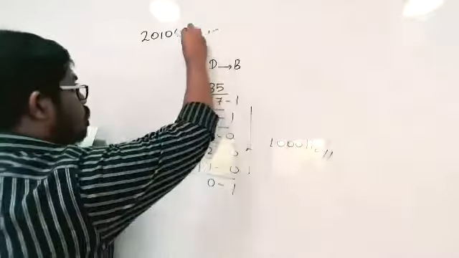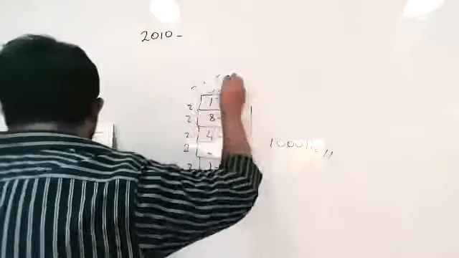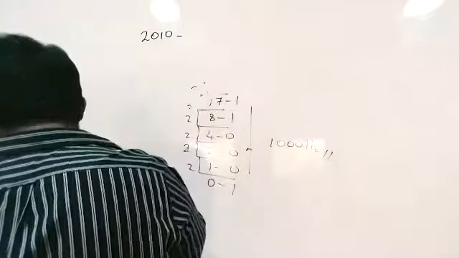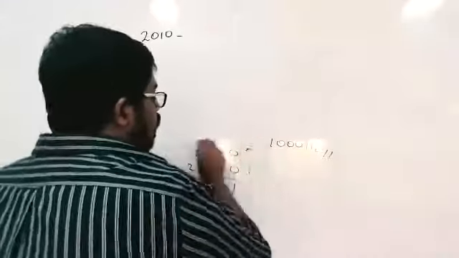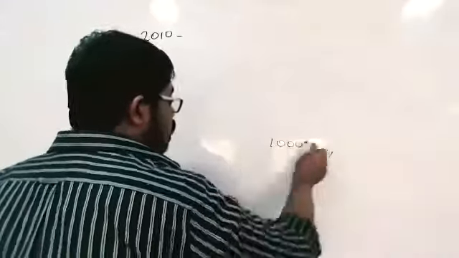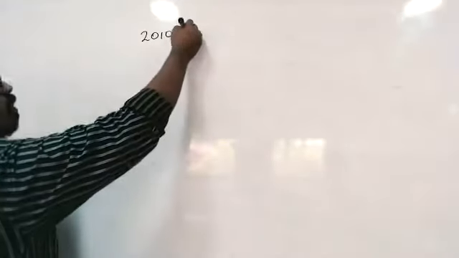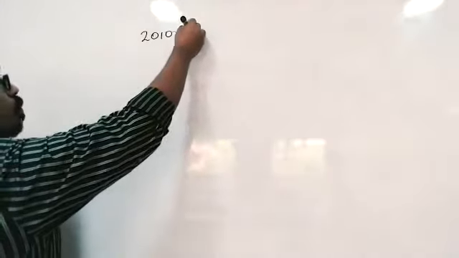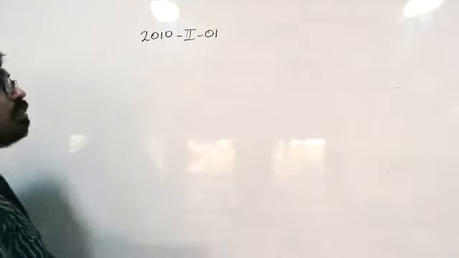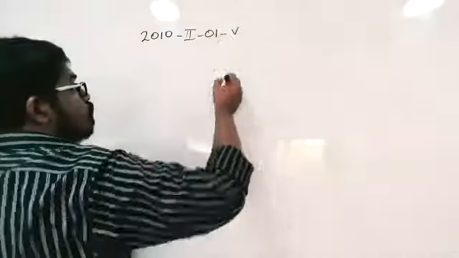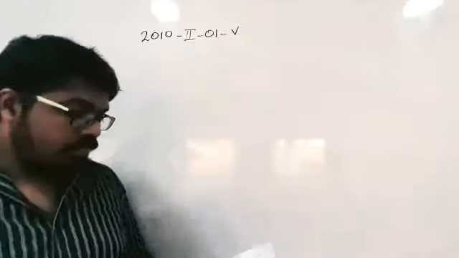So in 2010 part 2, question number 1, Roman number 5, with part 5 and 6, right? Part 2, question number 1, part 5.